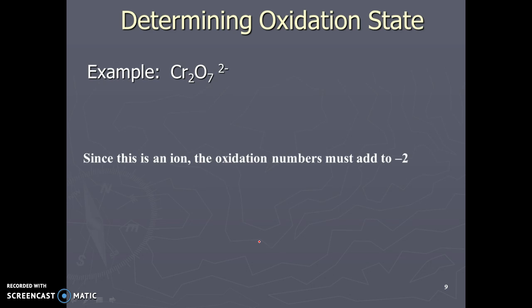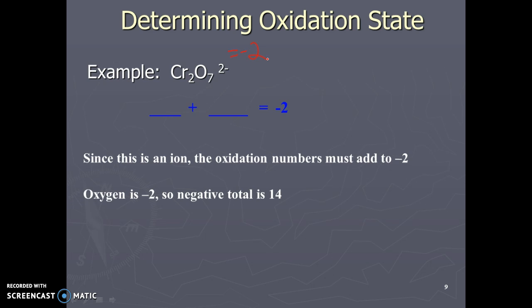Okay, so that is a priority. Now, since this whole thing is not a compound, since it is an ion, instead of everything adding up to 0 here, all of our oxidation numbers must add up to -2, because that's the overall charge on this guy. So we can write an equation underneath that it must add up to -2. And remember, we said to look for oxygen first. Oxygen gets priority to be the negative guy.